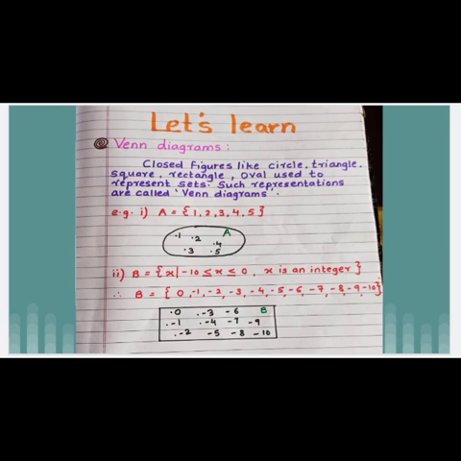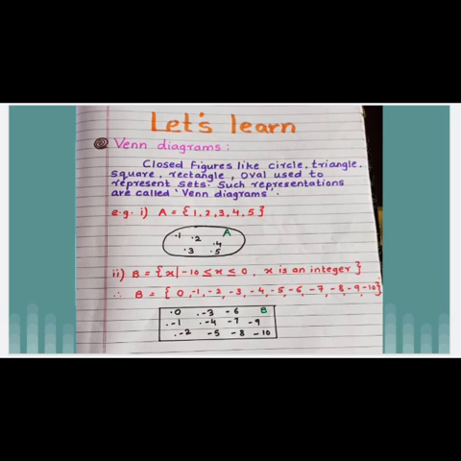Now, less than or equal to 0 means the starting element is 0, and greater than or equal to -10 means the last element is -10. It means we should write all the elements from 0 to -10.